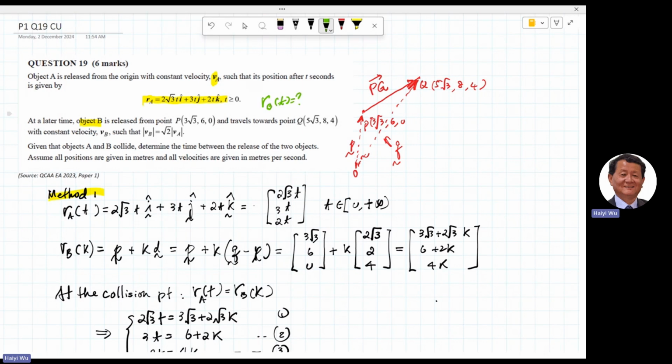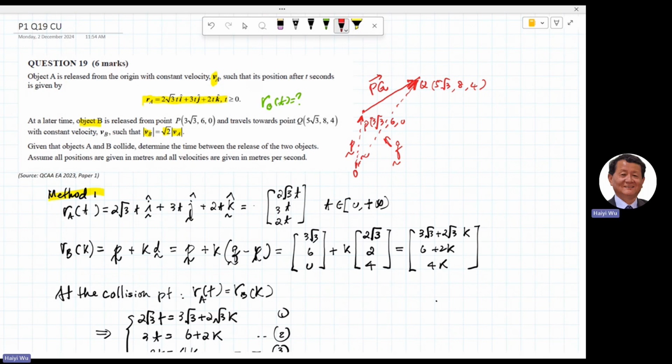We don't know that. The only thing we know is that the speed of particle B, the magnitude of its velocity, is the magnitude of velocity A multiplied by square root 2.